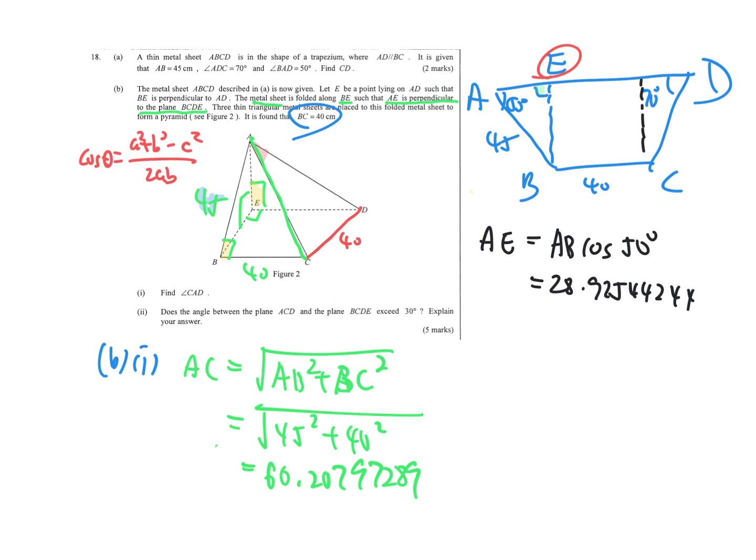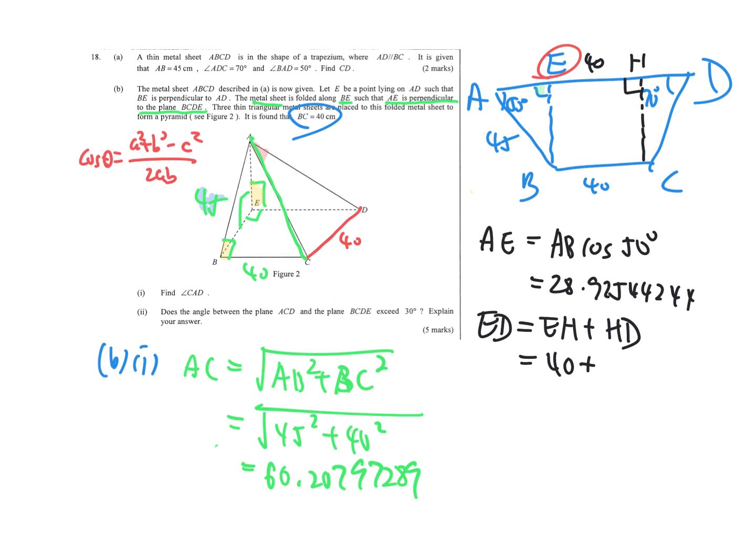And then how do we find ED? If we draw a vertical line here, maybe we call it H. So ED is equal to EH plus HD, and EH obviously is 40, because of the corresponding sides of a rectangle.